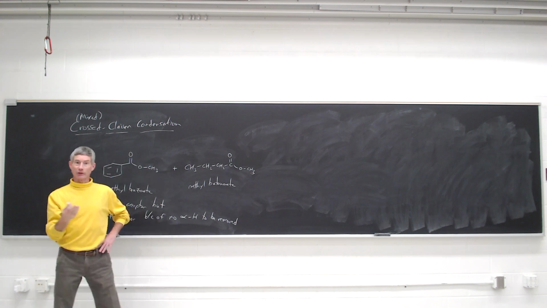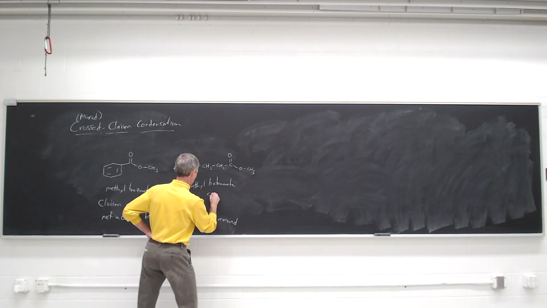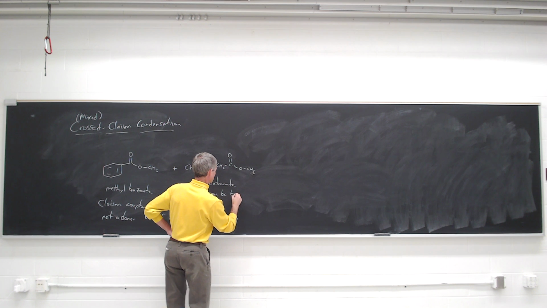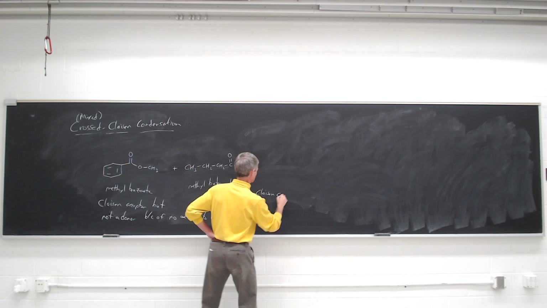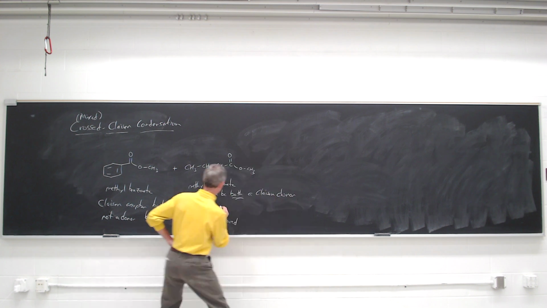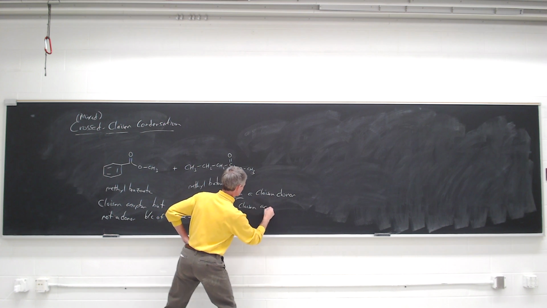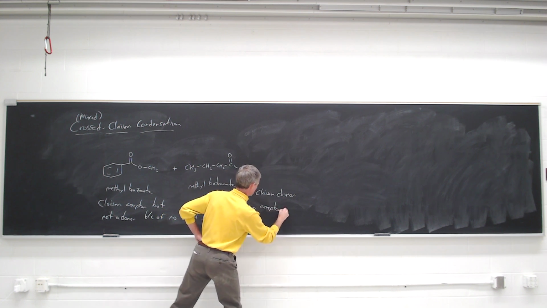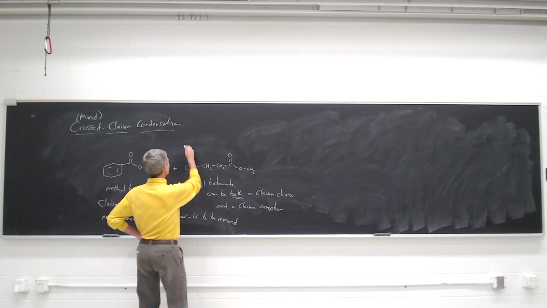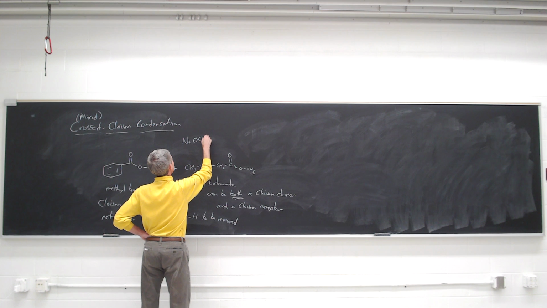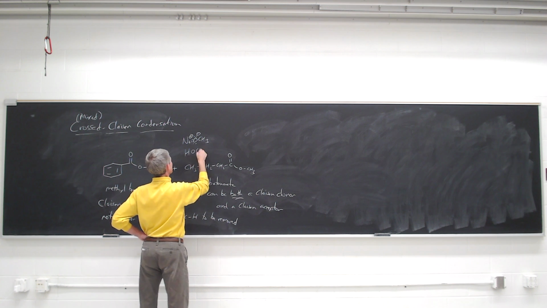That can act as either a Claisen donor or a Claisen acceptor. We're going to use methoxide as our base, likely ethanol as our solvent.